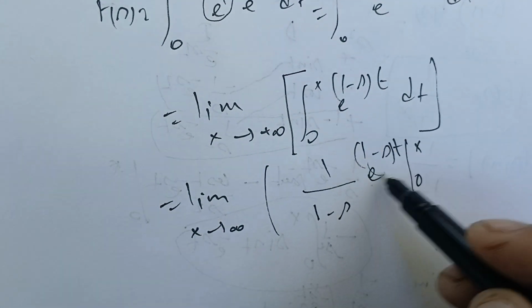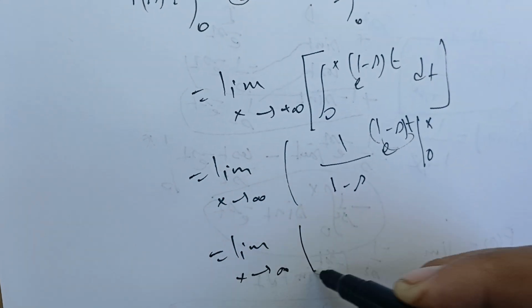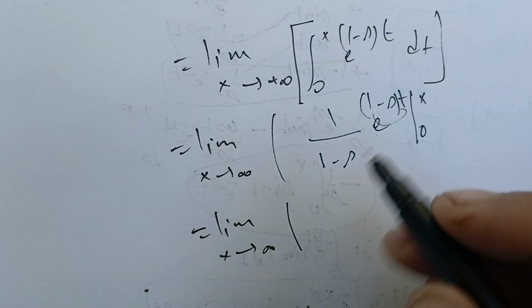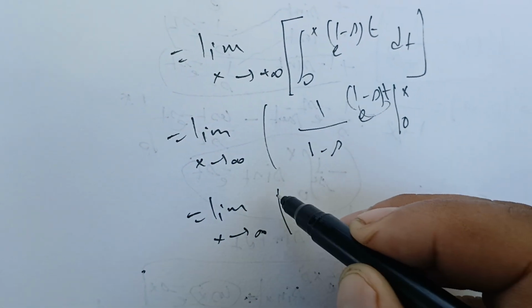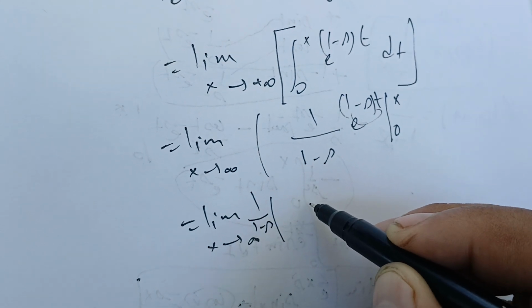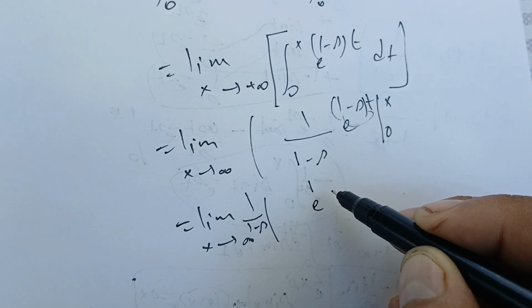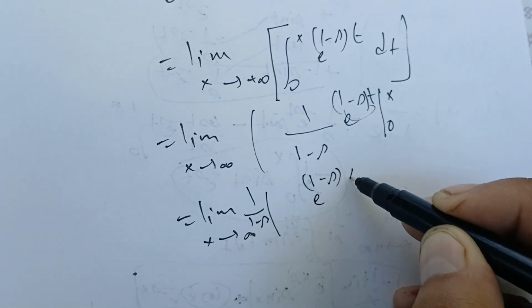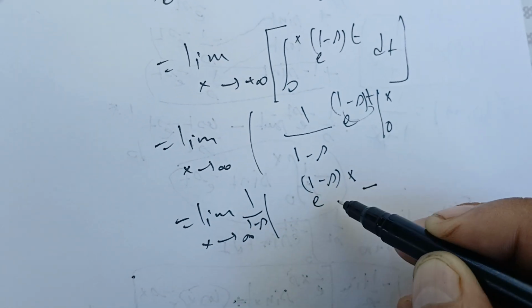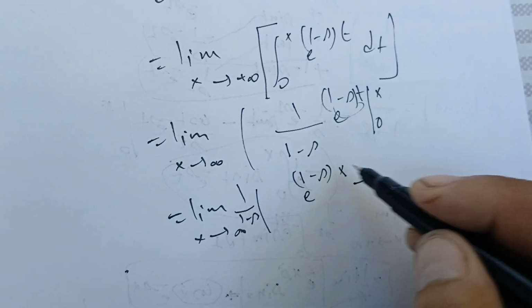Okay, the key here is that before we take the limit, we need to make some assumptions. Here we have this 1 over (1-s). It's going to be constant, and therefore we have e^((1-s)x) minus 1, where we plug in t equals 0.